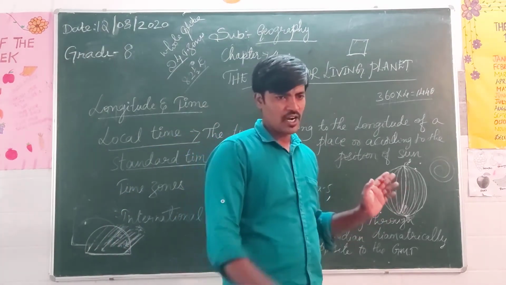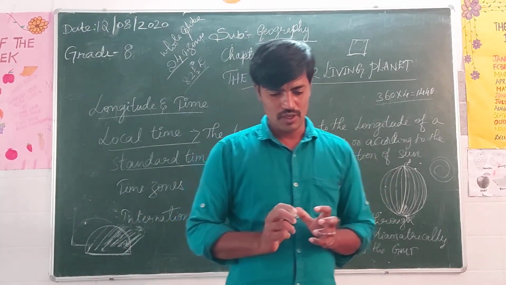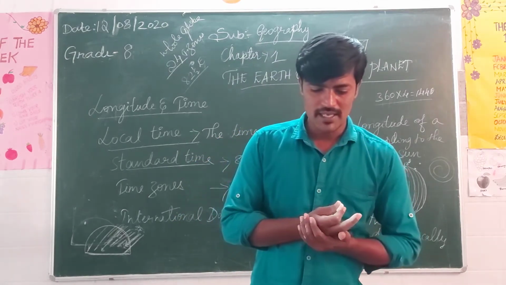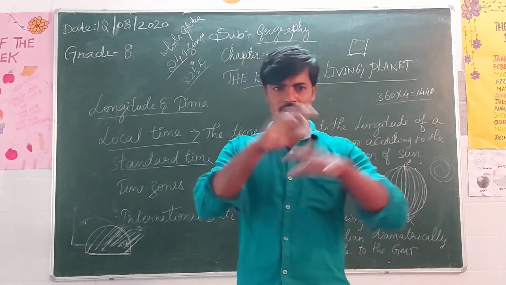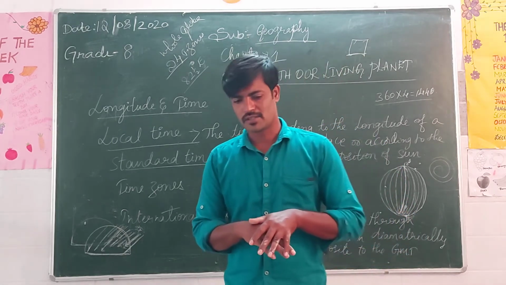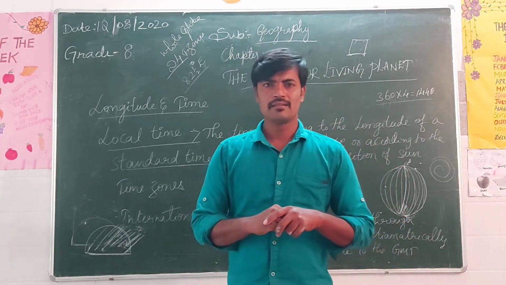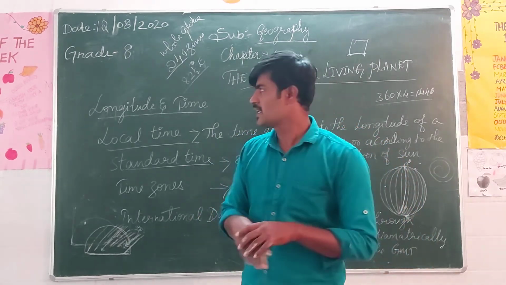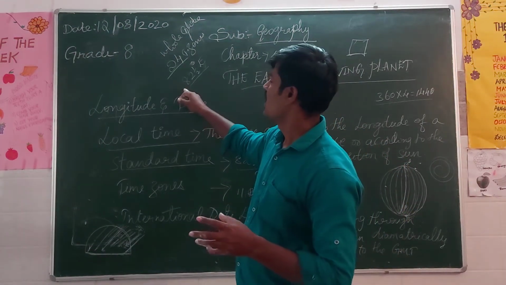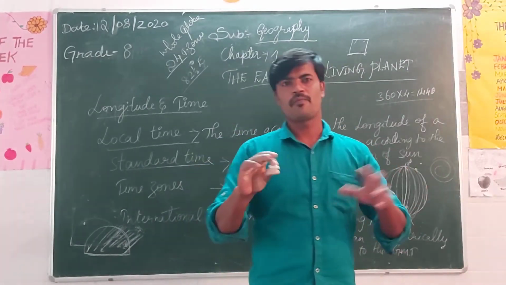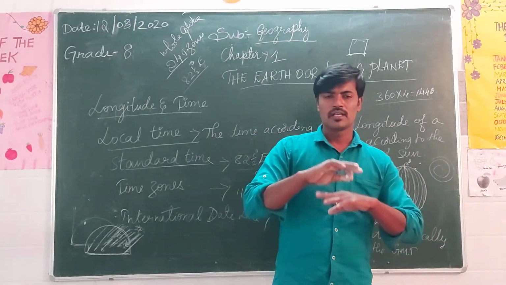So in order to avoid the confusion, they fixed a particular place, and based on that the time is calculated for all other places in the country. That is known as the standard meridian time, or IST.